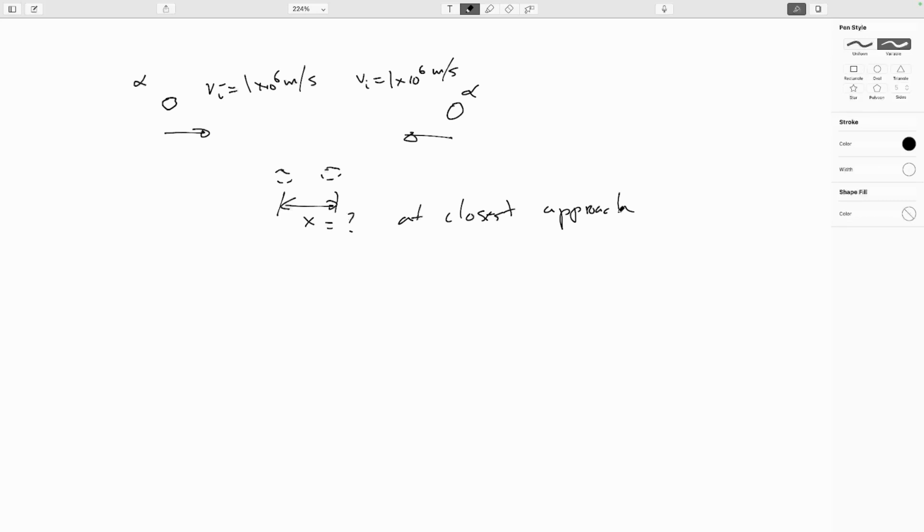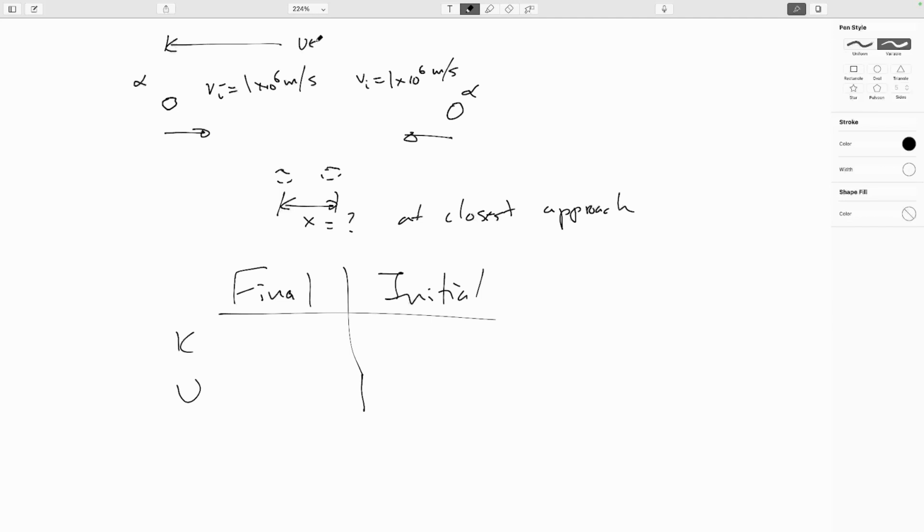All right, so we can play exactly the same kind of game we did before. We make our table of energies. So we just say final, initial, kinetic, potential. I forgot to mention, we are starting at a distance of very far apart.